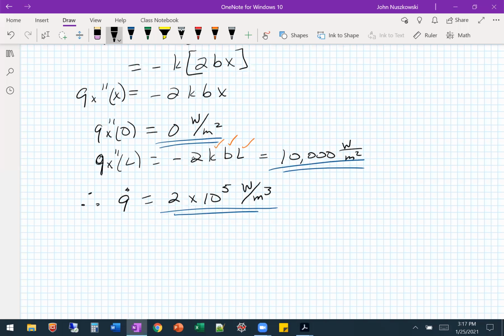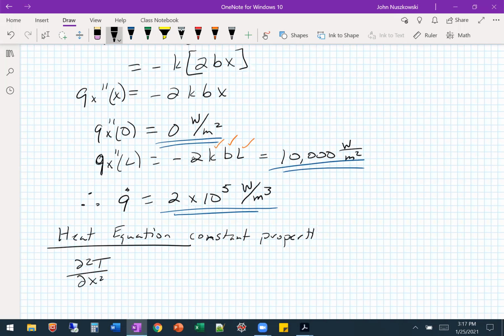Yeah, so if we did the heat equation, I'm going to take the one already with constant properties assumed.